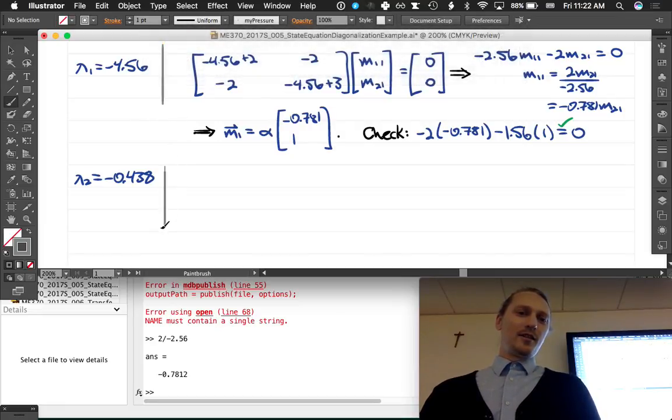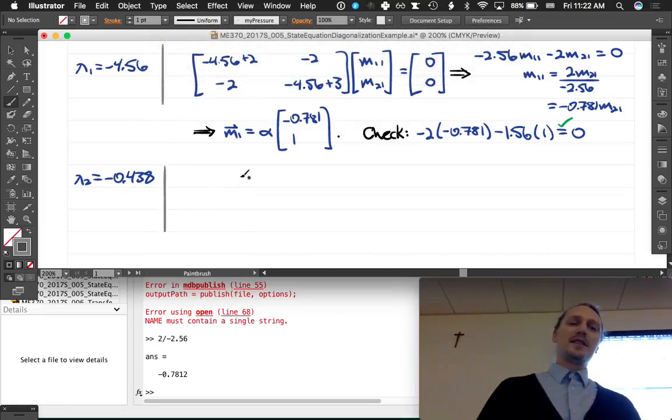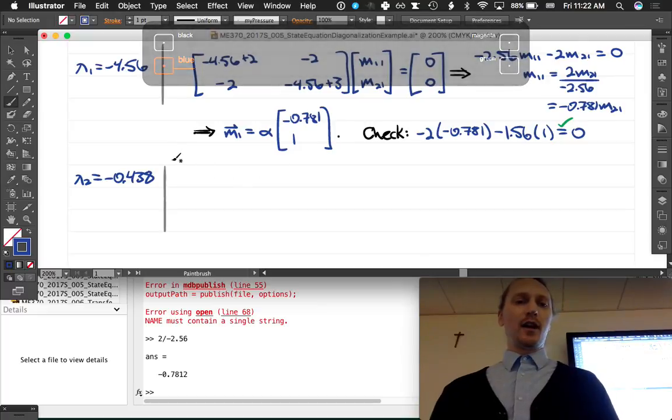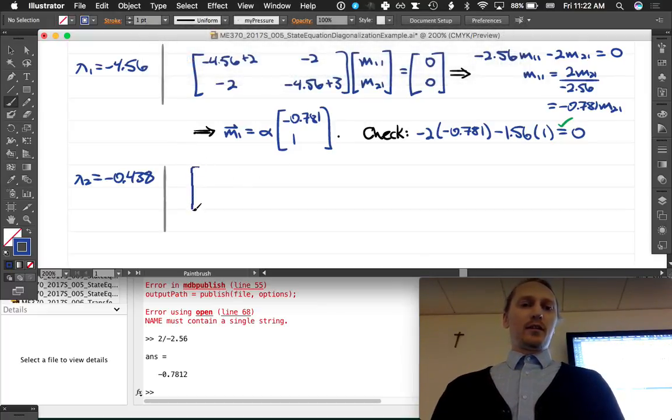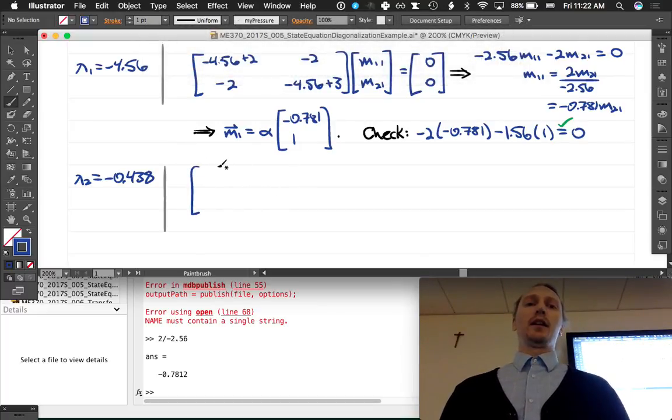So this is the second eigenvalue, right? And we can go ahead and do our plugging in. This one is going to look just like this, except for wherever you see negative 4.56, we're going to be putting in negative 0.438.